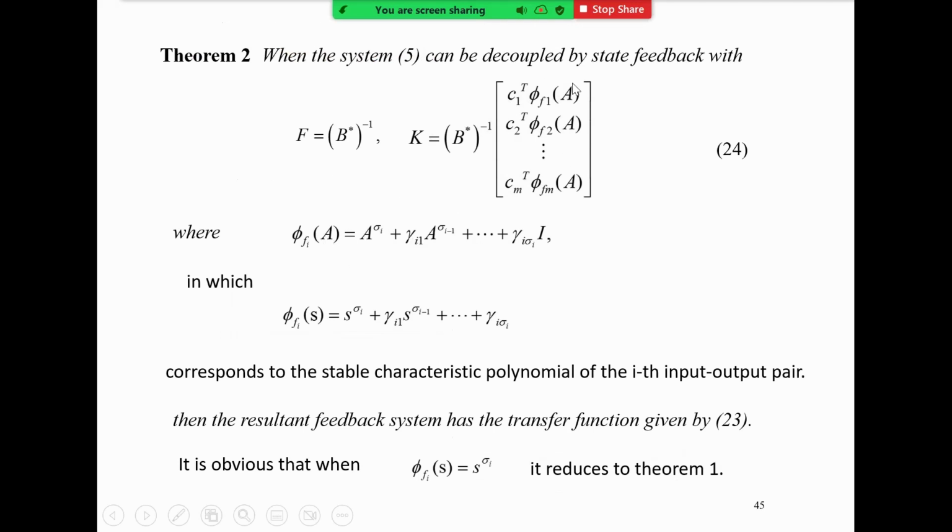So we will define this one as C1 times this matrix, but this matrix is no longer A to the power of sigma I. It also involves the other powers of A. So A to the sigma I minus 1, A to the sigma I minus 2. Okay, but how do we compute this one? That will be decided by the closed loop polynomial for each subsystem.